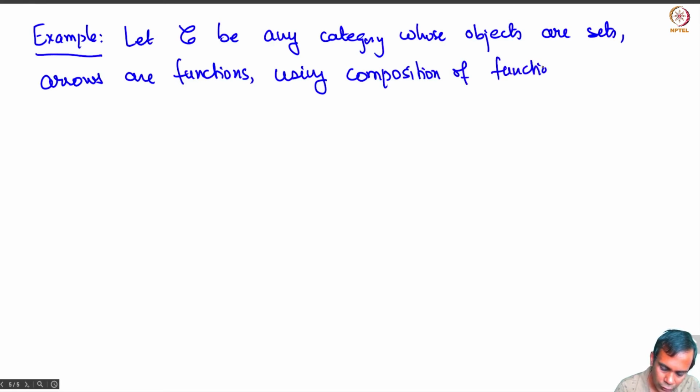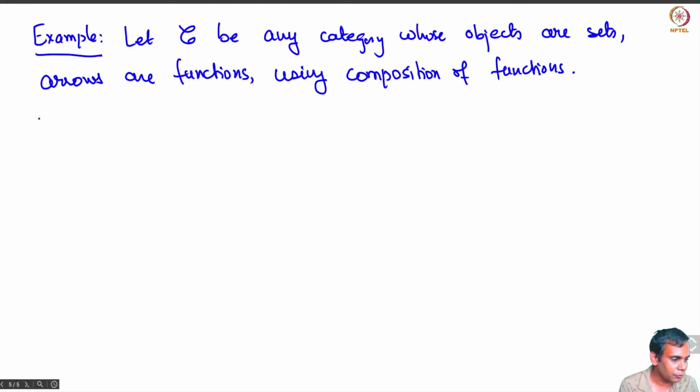So we've seen lots of examples of this, and most categories that we study in algebra or topology are of this form. So for example, we have the category of groups, we have the category of sets, we have the category of rings, we have the category of topological spaces where arrows are continuous functions, and so on.